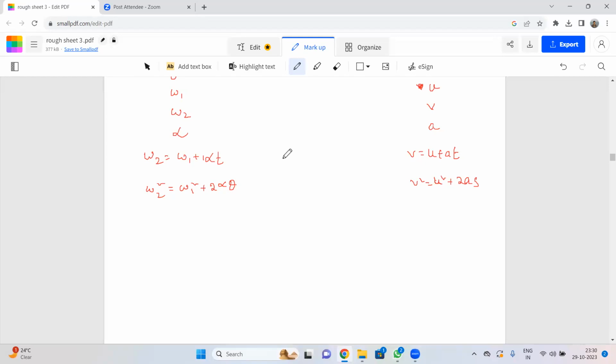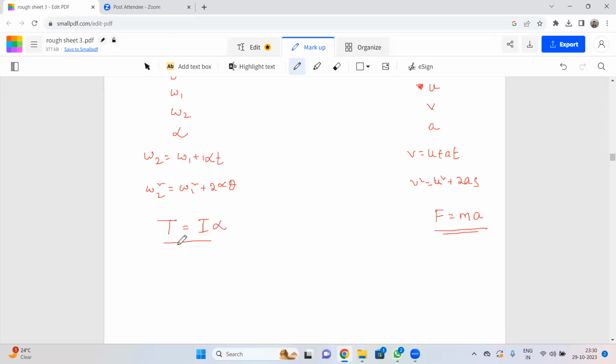Now for Newton's law, we know F equals m a. In the angular case, it will be torque instead of force. Torque is equal to, instead of mass, the moment of inertia I, and instead of a, we have alpha.